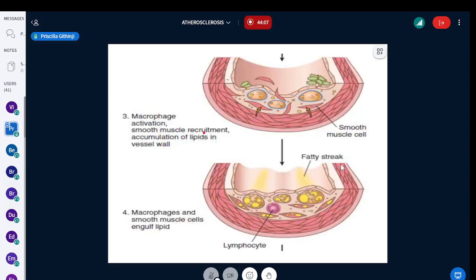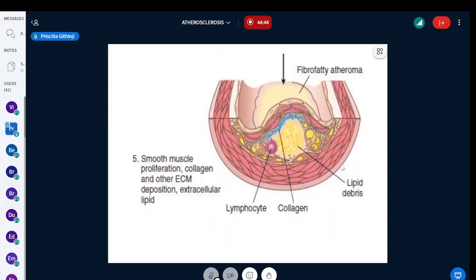So when you have macrophage activation, smooth muscle recruitment, and accumulation of lipids within the blood vessel wall, this leads to the propagation and formation of these atheromatous plaques. We've said that these macrophages that have been activated and are engulfing lipids form what are called foam cells. Your smooth muscle cells can also engulf lipids, and you form these cells that have lipids within them, and these are also called foam cells.